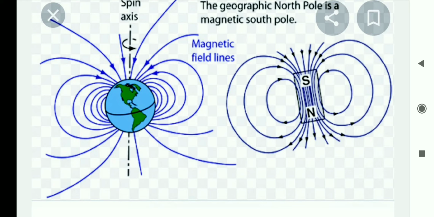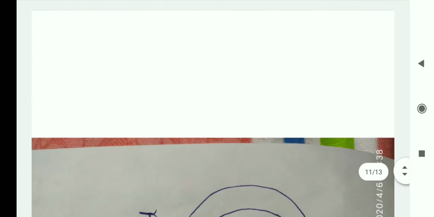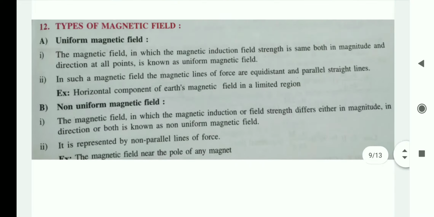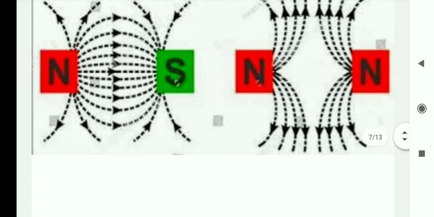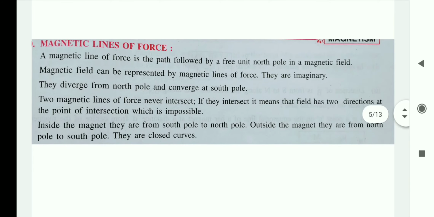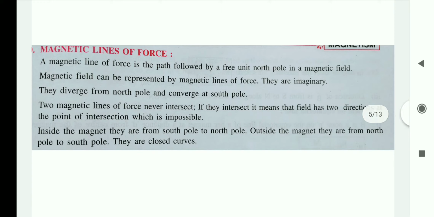Inside the magnet they are moving from south pole to north pole, and outside the magnet from north pole to south pole. They are closed curves.